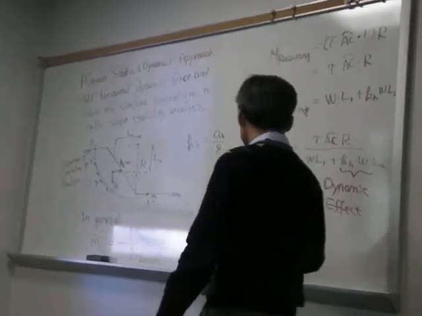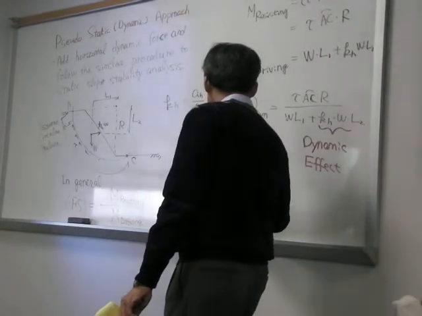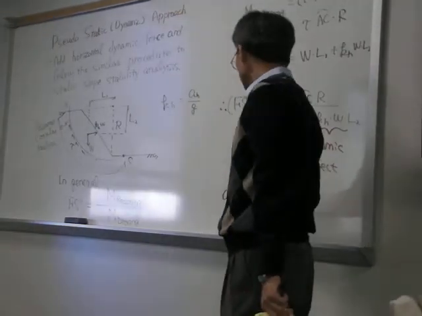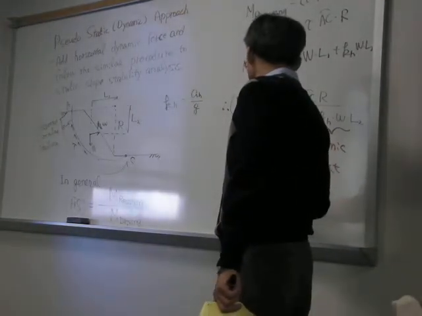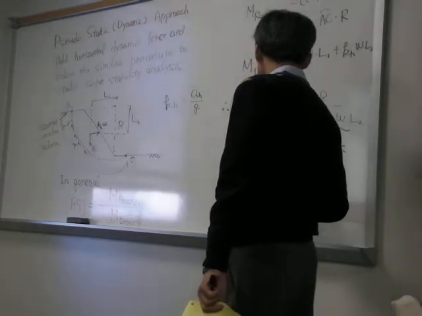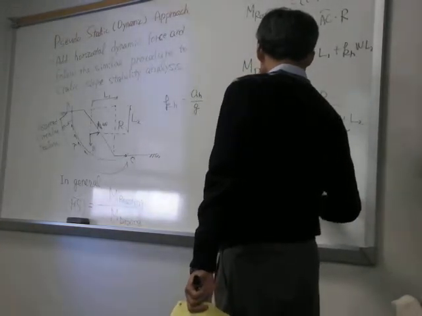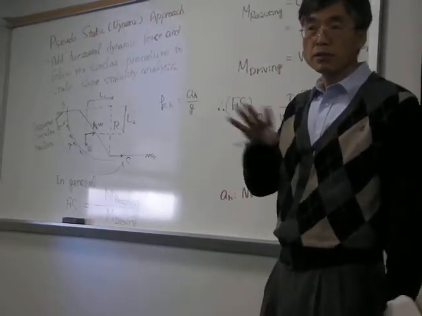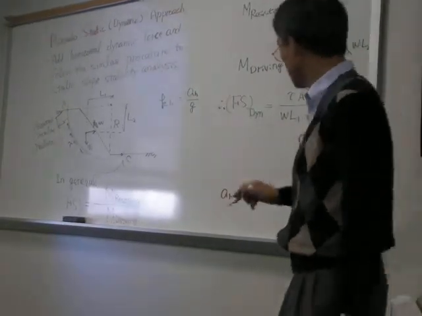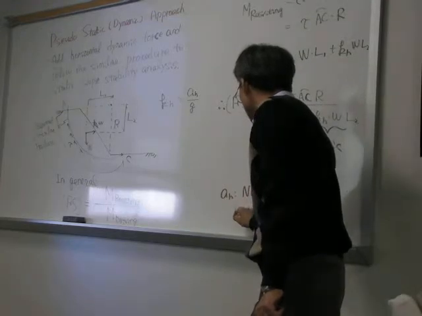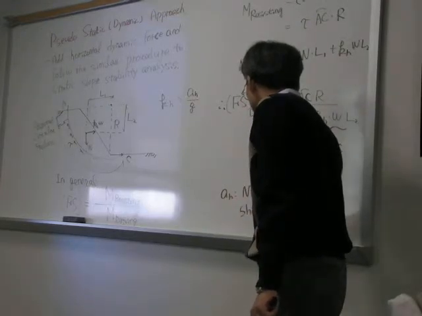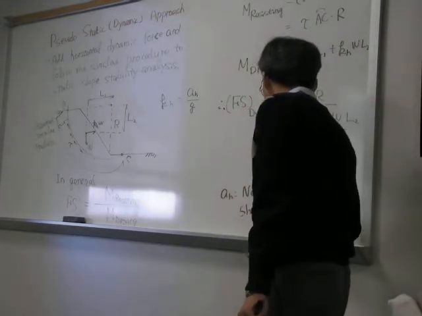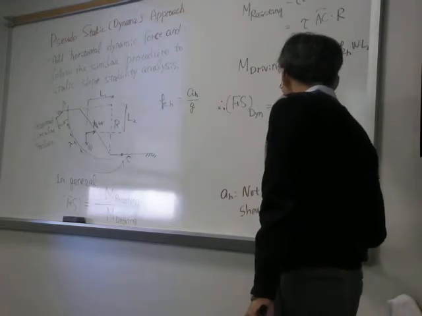Just some additional comment. In here, this acceleration a sub h is not the peak acceleration. Usually earthquake vibration causes several different cycles, and this one should be the average one.